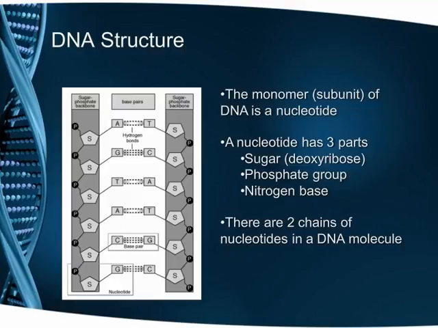You will see an area within the boxed area of DNA structure where there is a sugar labeled S, a phosphate labeled P, and a guanine labeled G, and these 3 have a box around them. Please label that area nucleotide. The nucleotide is the monomer or the subunit or the building block of DNA.